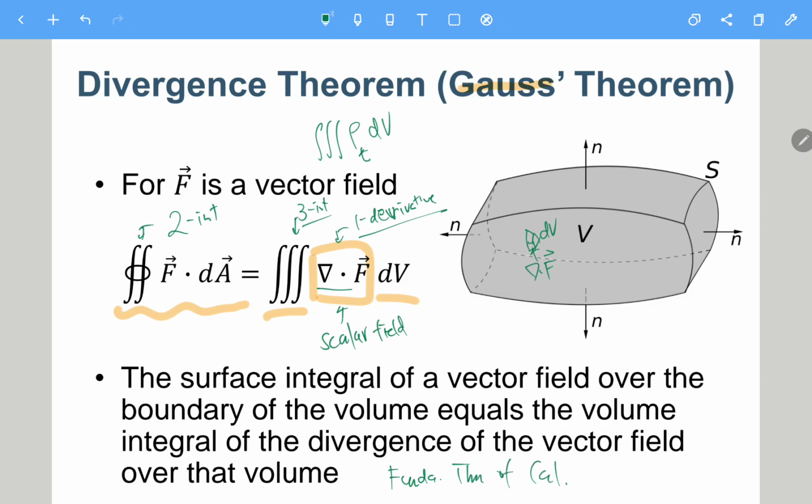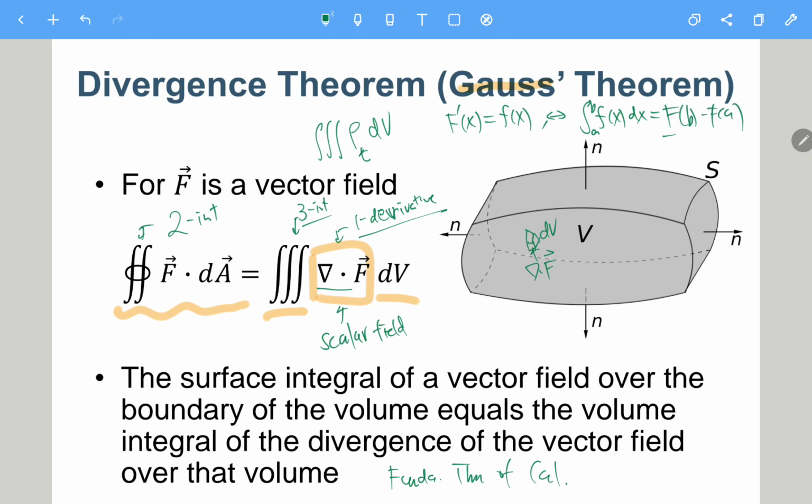Of course, in the calculus class, you only learn something like if f prime of x equals f of x, then integration of f of x dx from a to b equals f of b minus f of a.